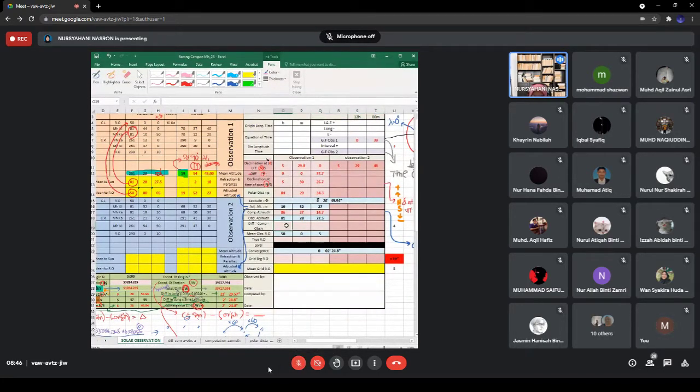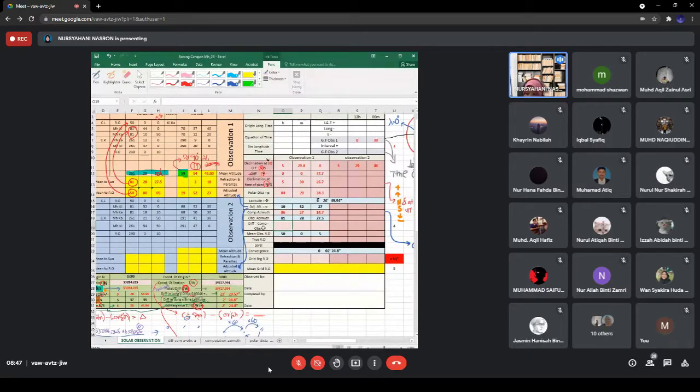Okay. So the difference, here is the formula. Difference is equal to computation minus observation. So we take the value of computation, 86 degree 27 minutes 14.47 seconds, minus 81, 28, 27.5.